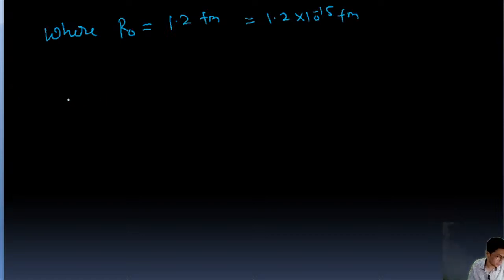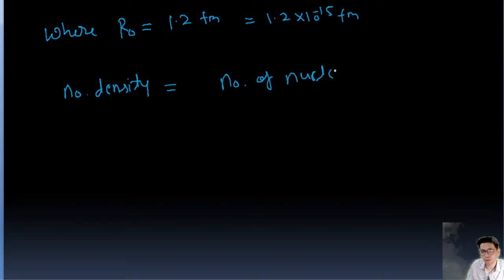Very important thing. Now we'll find the number density. Number density means number of nucleons upon volume.